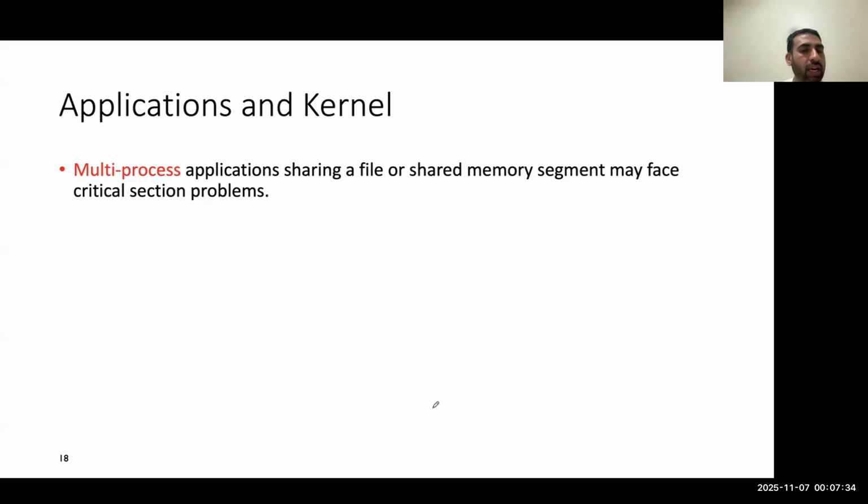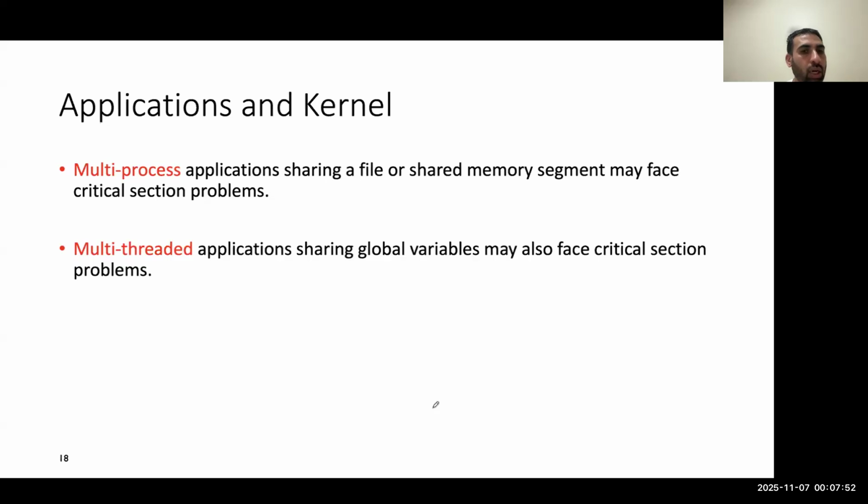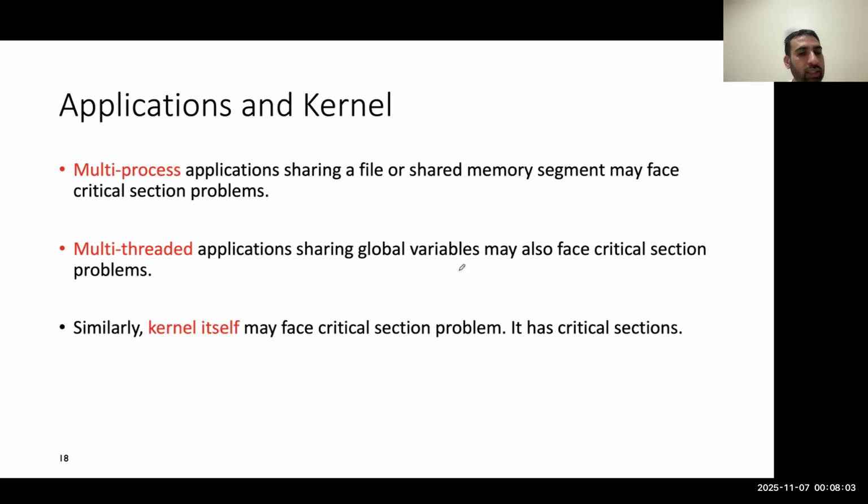We can face this problem in multiprocess applications which are sharing a file or a memory segment, because they may try to access the shared file or memory segment at the same time and end up corrupting the file or the data, or bringing it to an inconsistent state. We can also have this problem in multi-threaded applications sharing global variables, so we also need to synchronize their accesses.